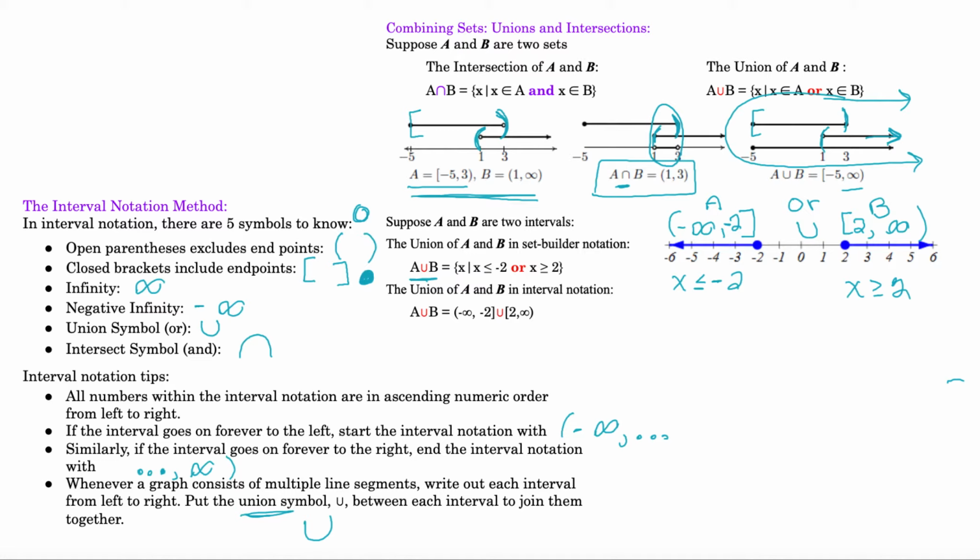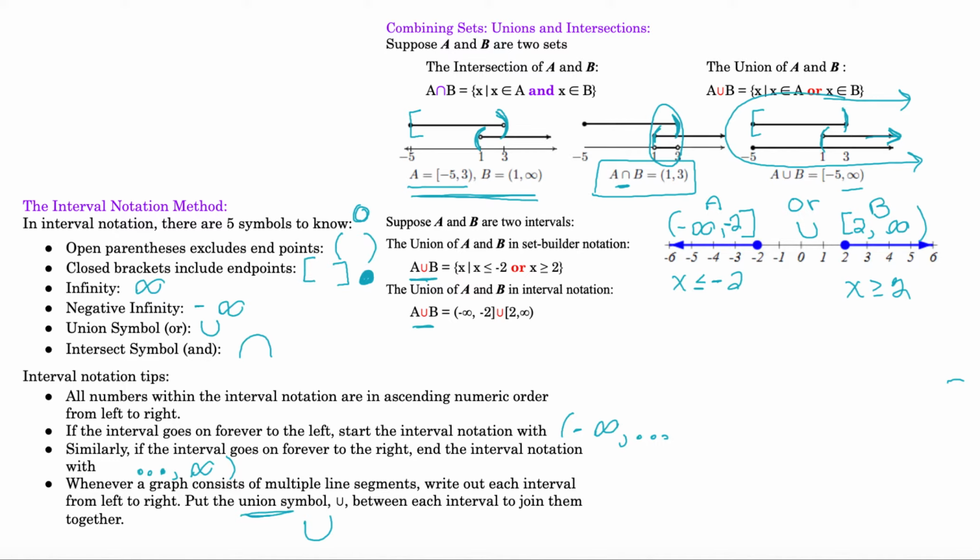Utilizing interval notation, we kind of already have it written out above, so A union B is negative infinity to -2 bracket, union, bracket 2 to positive infinity. So just different ways that we can write and represent each one. You will notice in our homework that it'll tell you specifically how they want it written.